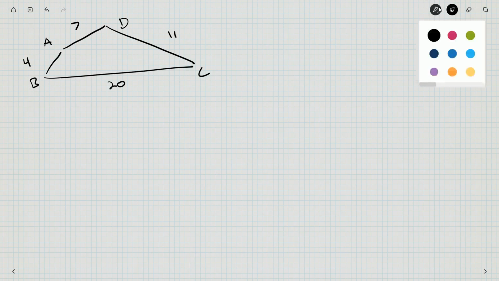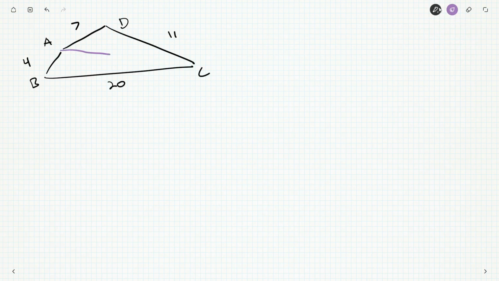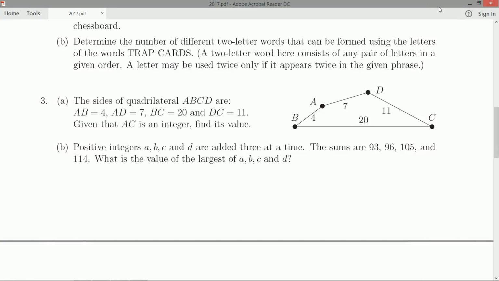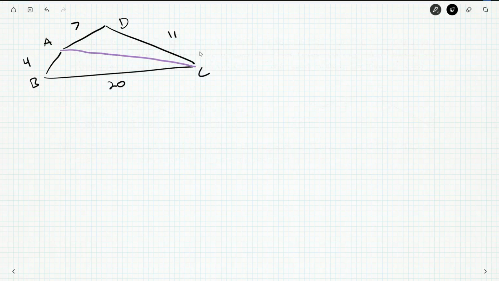And let's add in our good buddy AC. All right. So, yep, 4, 7, 11, and 20. Now, what can I do with AC? AC has got to be an integer.